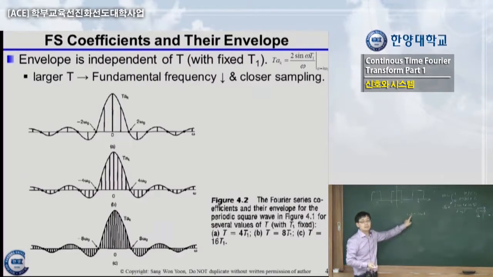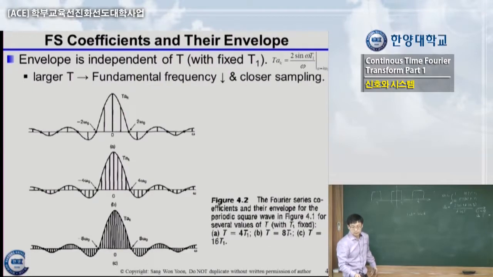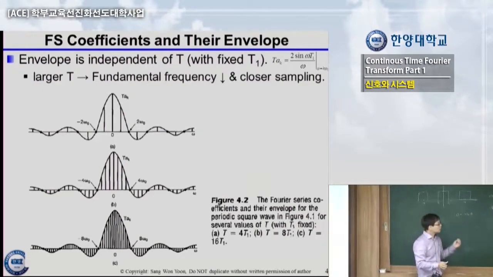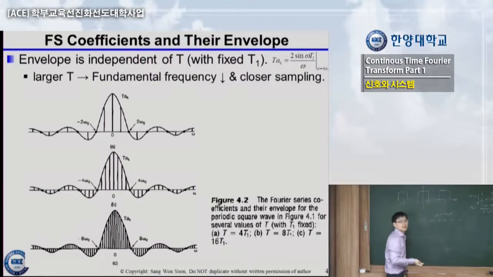What's the relationship between omega and omega 0? You can think of omega as harmonics of omega 0, meaning that omega is what? Omega 0, 2 omega 0, 3 omega 0, 4 omega 0, 5 omega 0, something like this.